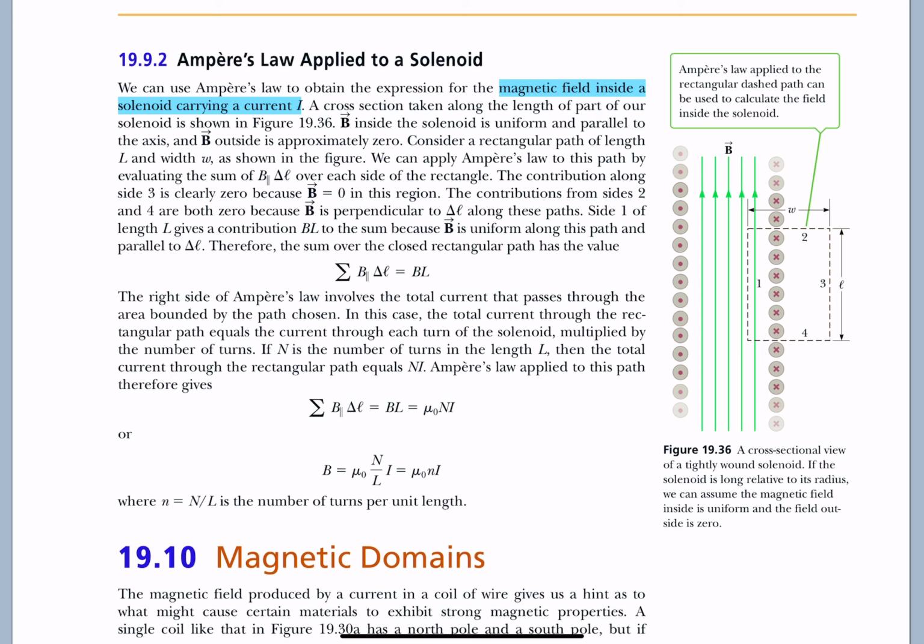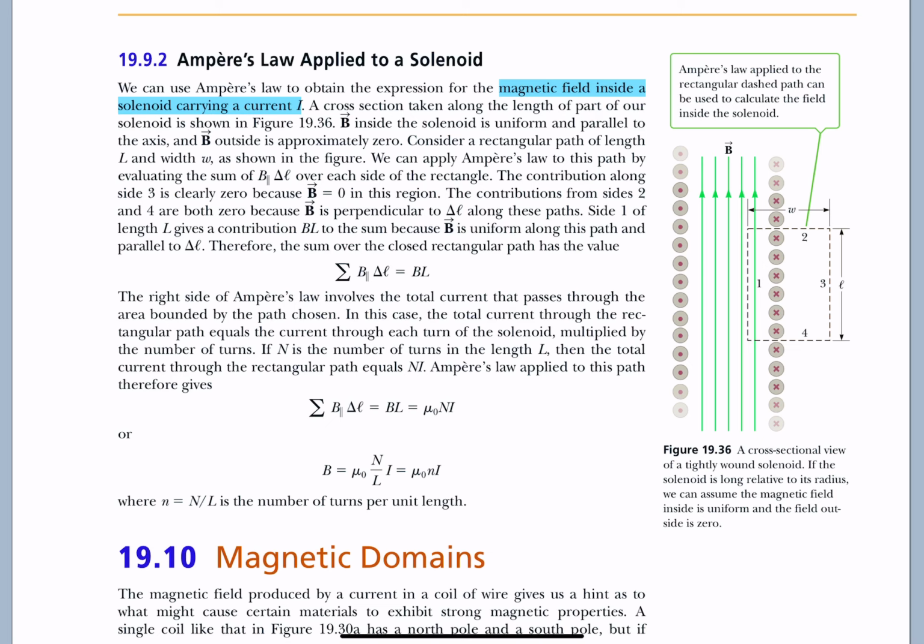In this picture, imagine that we have a solenoid. Look at the picture on the right, which looks kind of weird, but you're going to have to think about this. Along the left side of the picture, you have all of these gray circles with orange dots. Each one is a cross-section of a wire that is carrying current coming out of the page in your face, so to speak, outward.